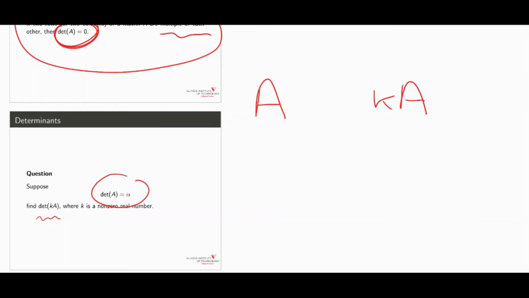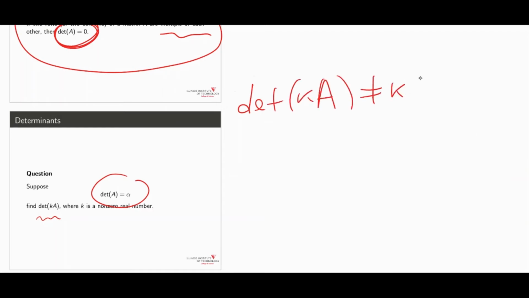So let's say here your A is 3 by 3. If you compute the determinant of your kA, I hope you will see that it is not k times the determinant of A.